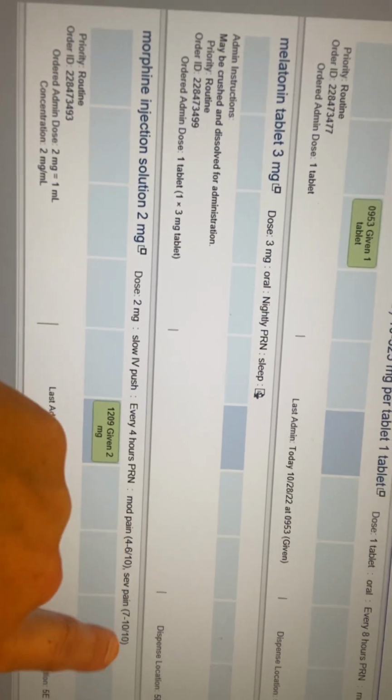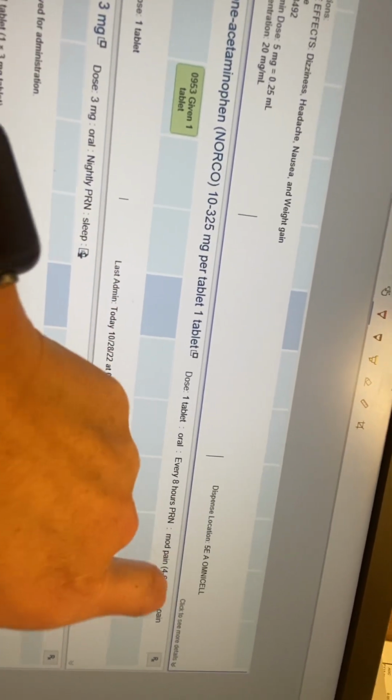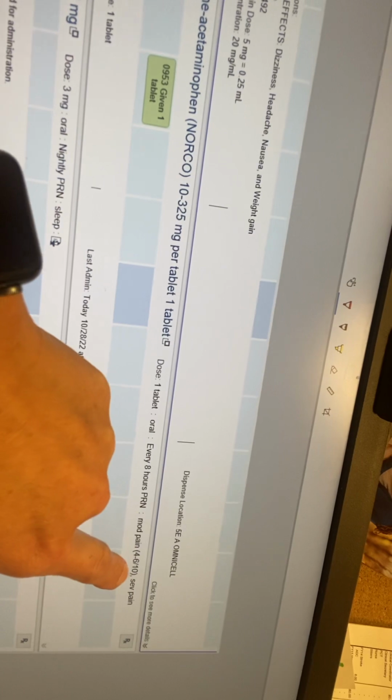So this means I can give morphine if my patient's pain is between a 4 to a 10. If my patient wants some Norco and their pain's at a 7, I can do that with a note saying that the patient requested that, okay?